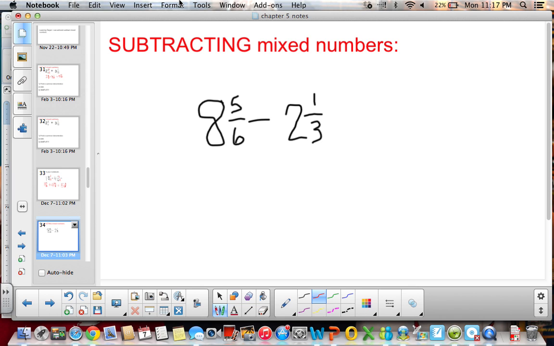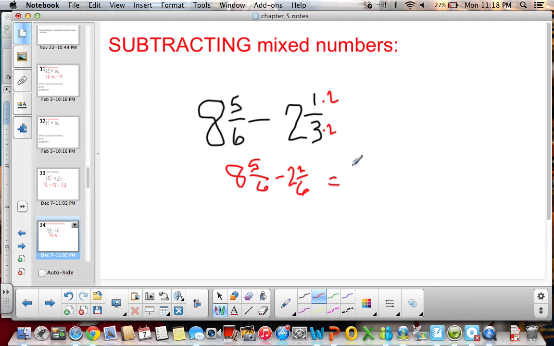So we need to find a common denominator. So I know that 3 can go into 6, so 3 times 2, and then 1 times 2. So I'm going to rewrite it as 8 and 5/6 minus 2 and 2/6.